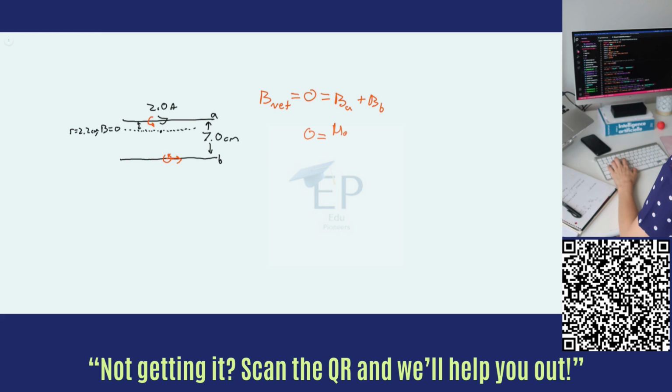So you get mu I, we'll say A, over 2 pi R1, or RA, minus, because we know that they are in opposite directions here, mu I B over 2 pi RB.